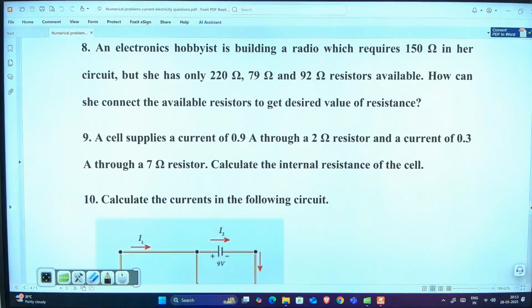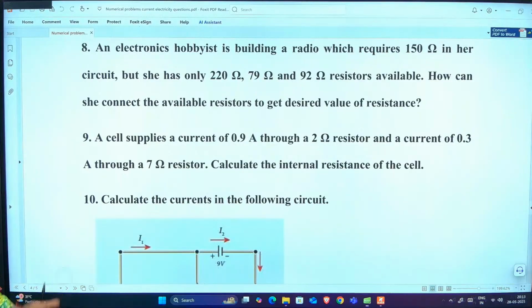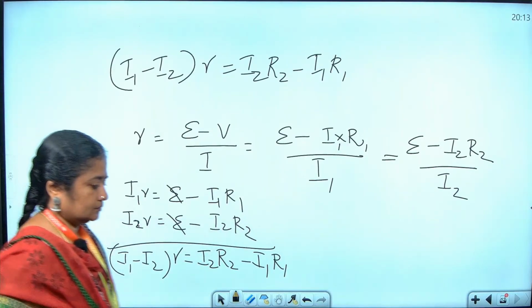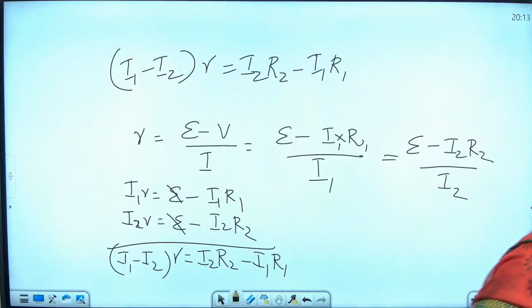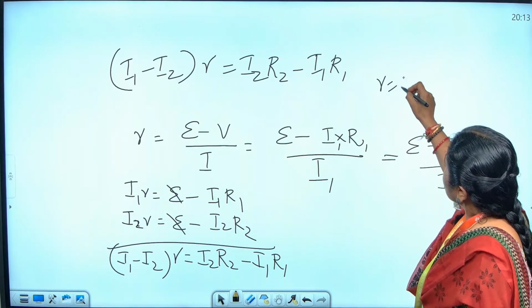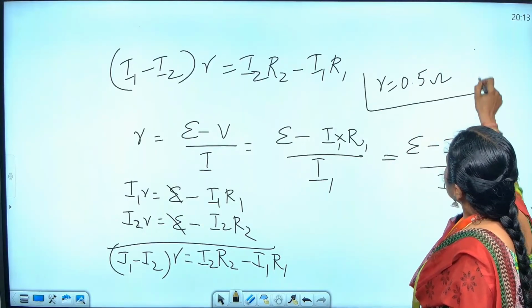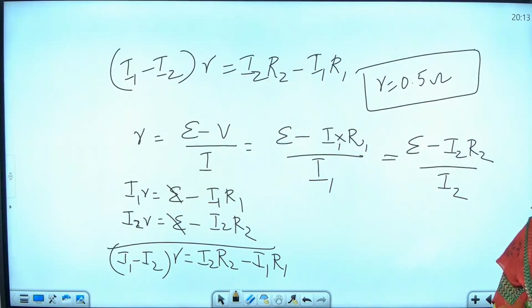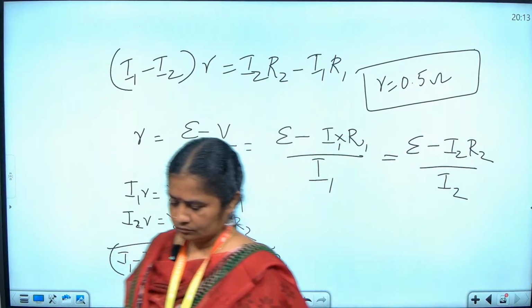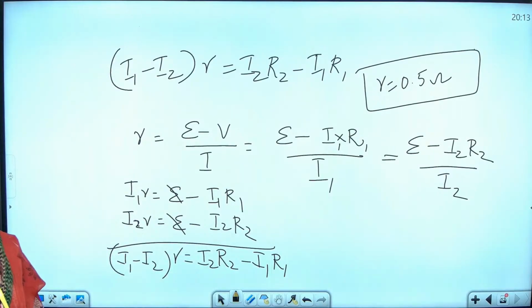Ninth one. Zero point five. I'm getting 0.5 ohm. Yes, 0.5 ohms. Got the answer, all of you?